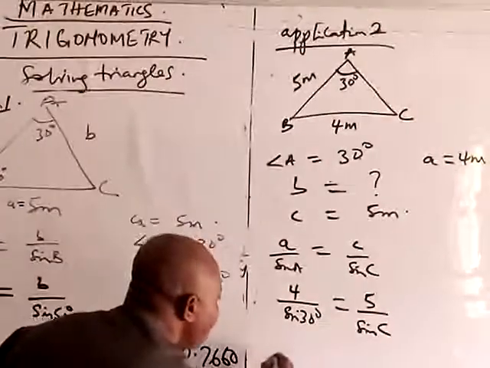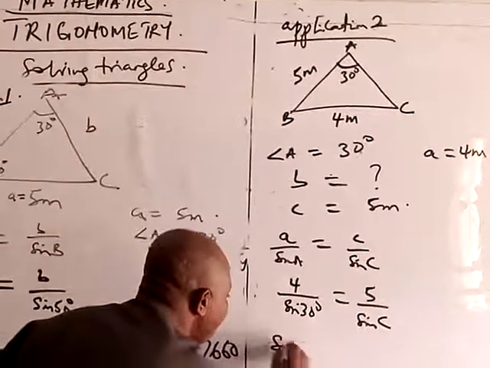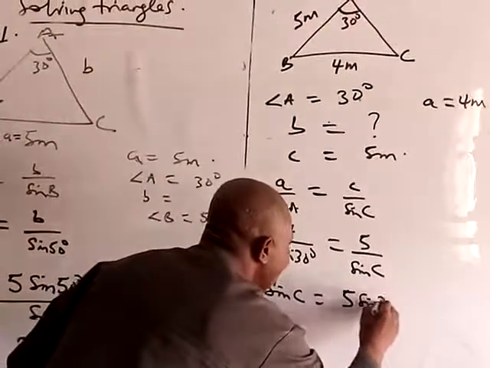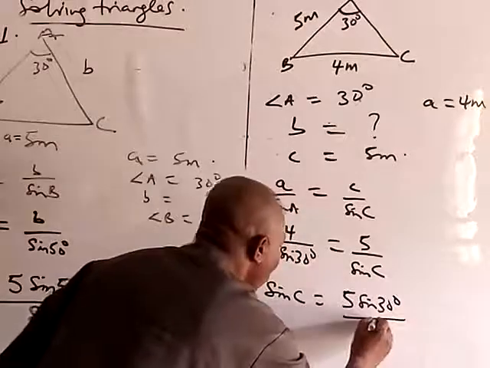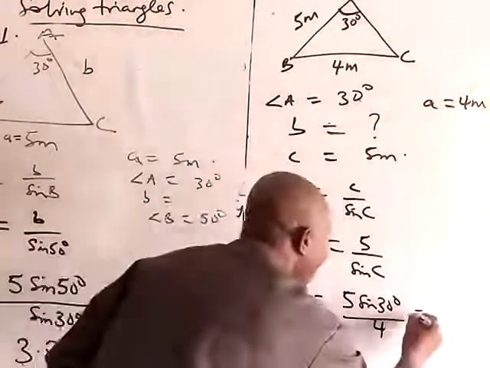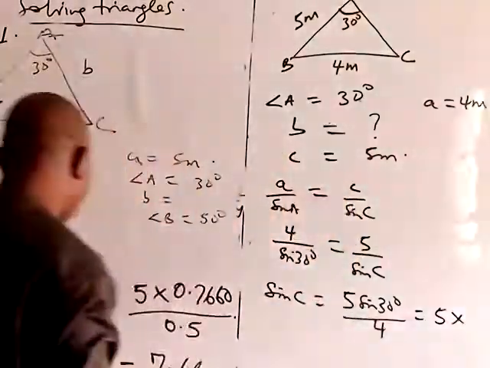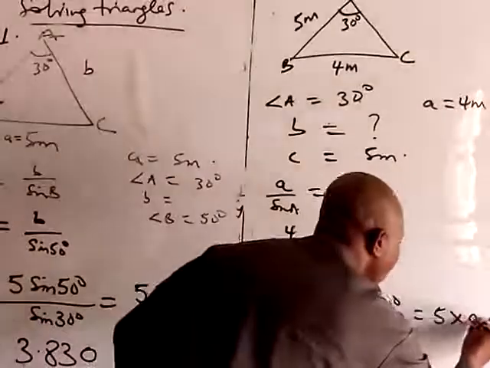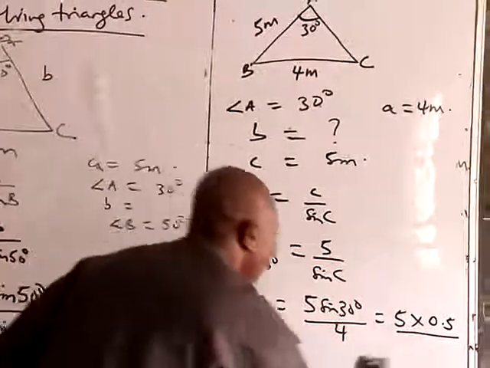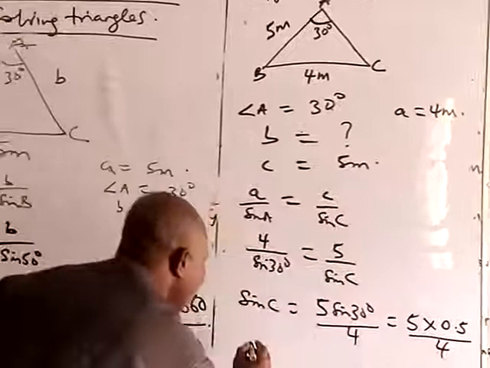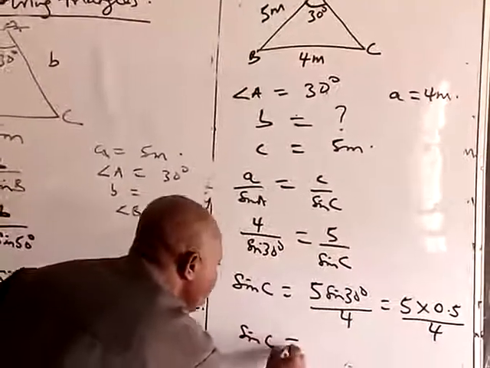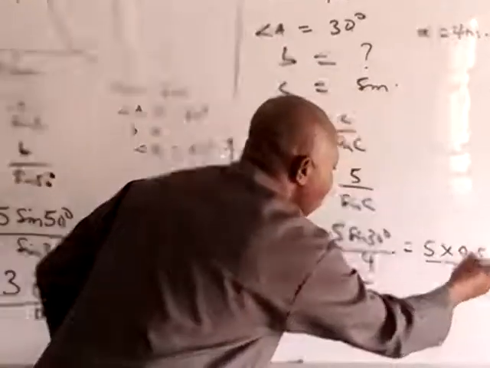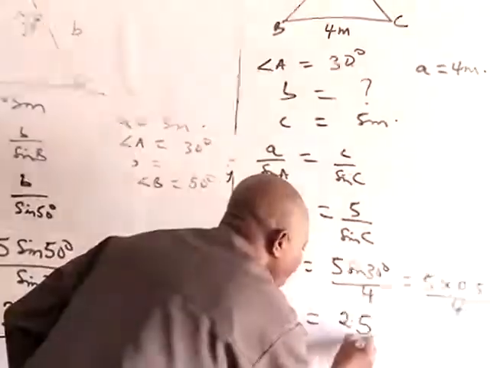Then you have sine C is equal to 5 sine 30 all over 4. Then you have 5 times what, sine 30? As you've known, you have 0.5. Then you have sine C equal to 5 times 5 will give you 25. 5 times 0, that's 0, plus that 2, that's 2.5 all over 4.